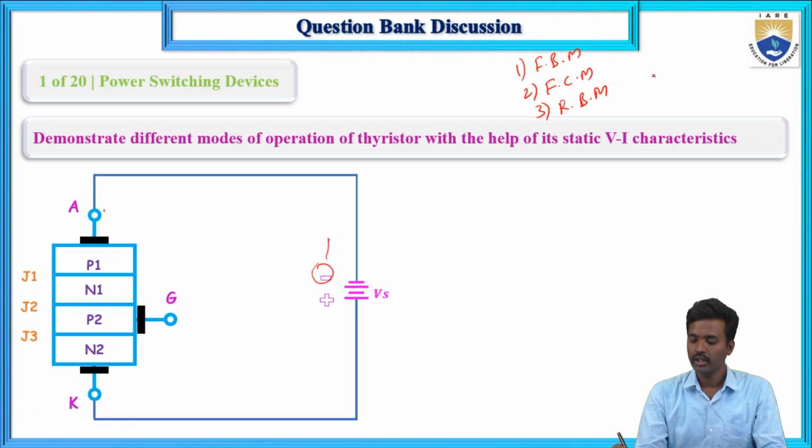In this case, J1 and J3 junctions are in reverse bias, and the J2 junction is in forward bias.